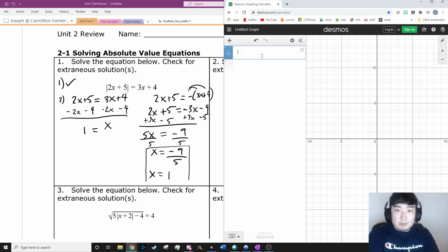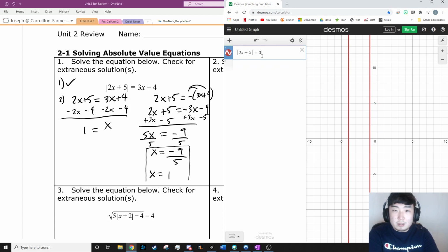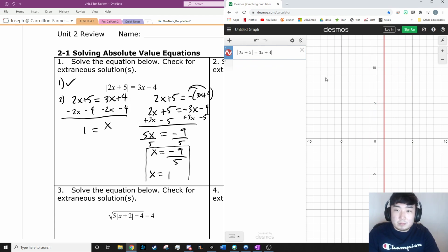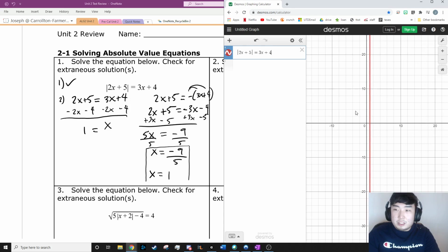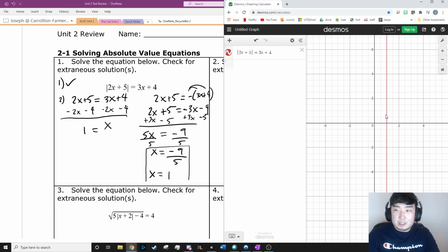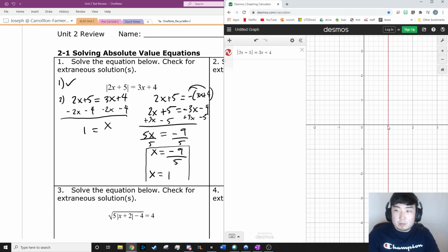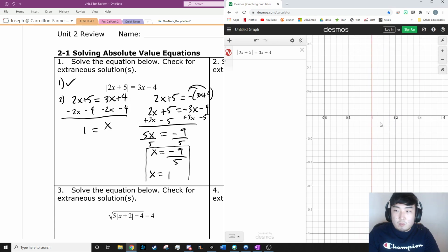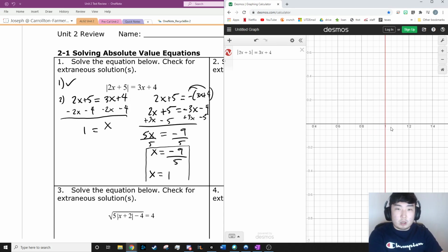So I can do absolute value of 2x plus 5 is equal to 3x plus 4. You see how this line is flat? That's pretty much saying that the only choice is 1. 1 is the only thing that works.